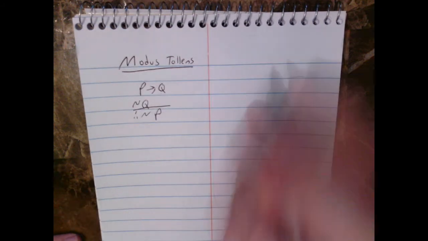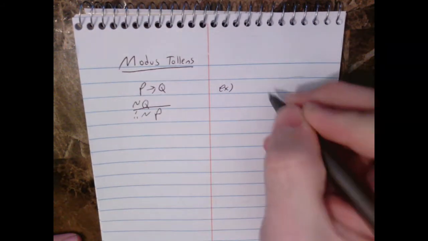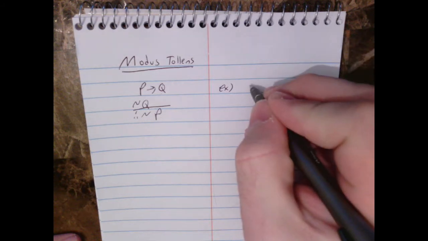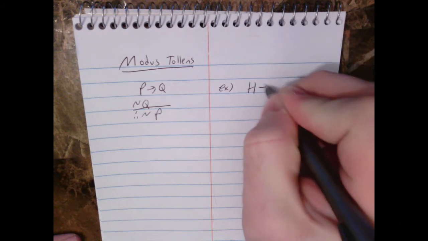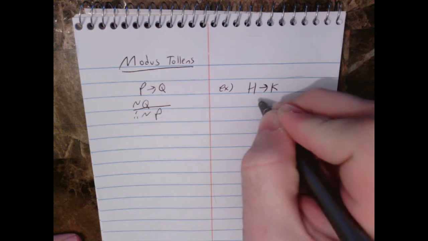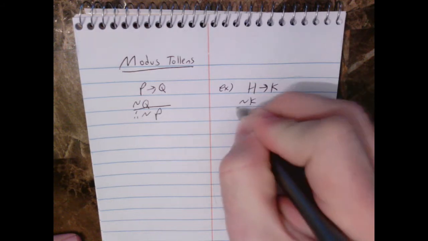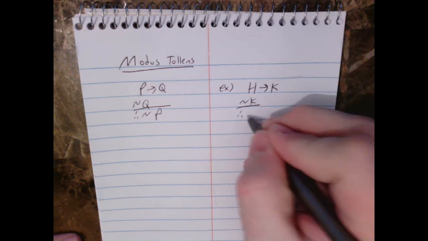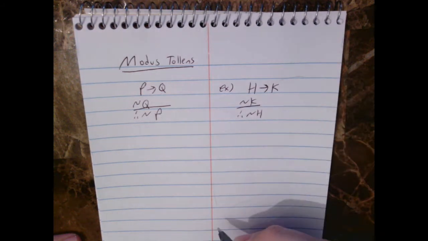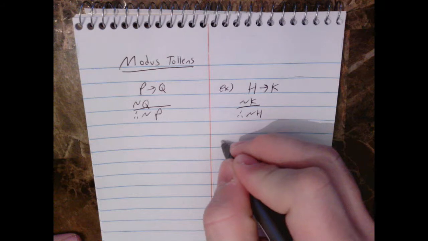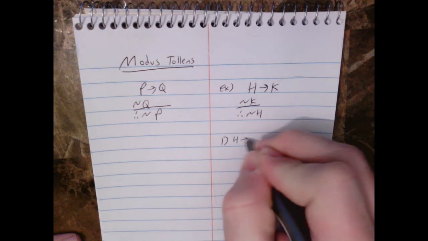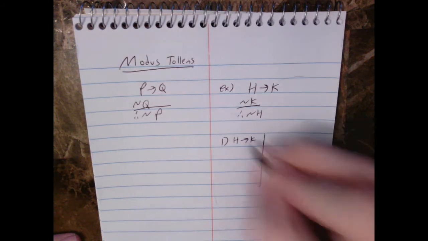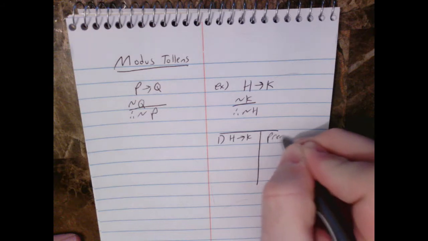So if I were to give you an example, again, the letters don't actually matter. Something like if H, then K, not K, therefore we should be able to conclude not H. And if I were to set up a formal proof for that, it would look like this. H implies K would be a premise.